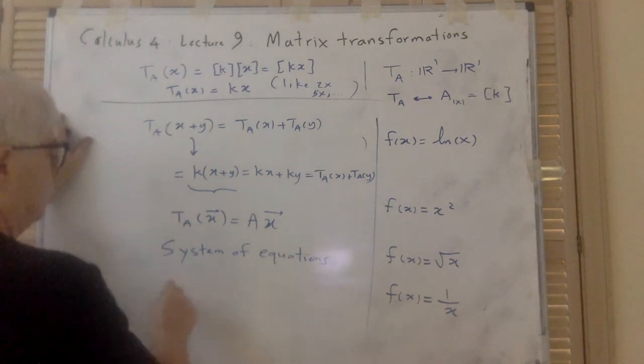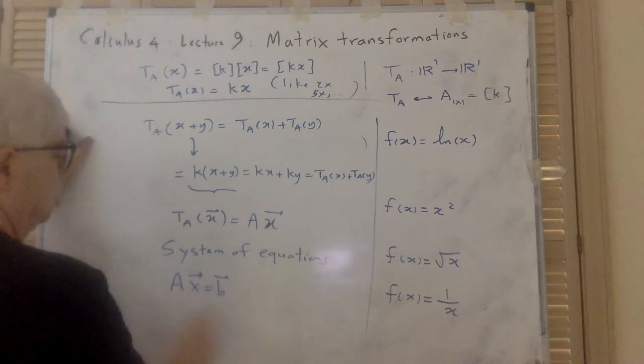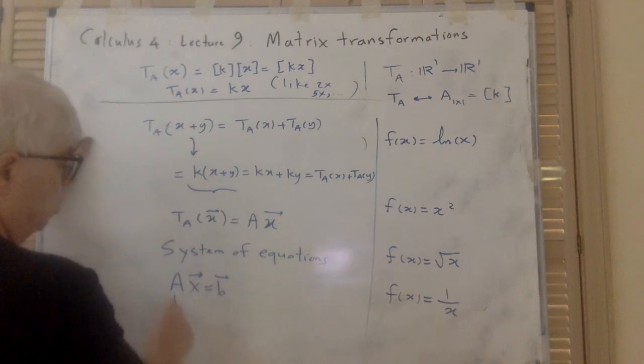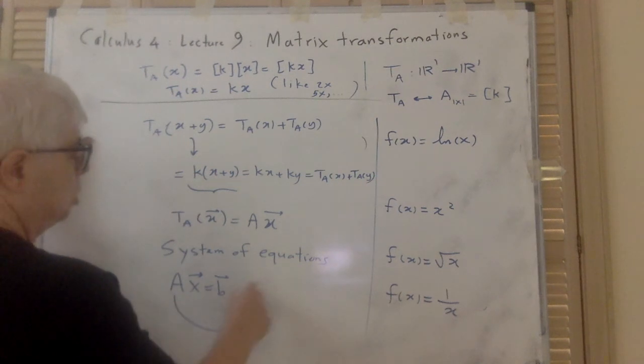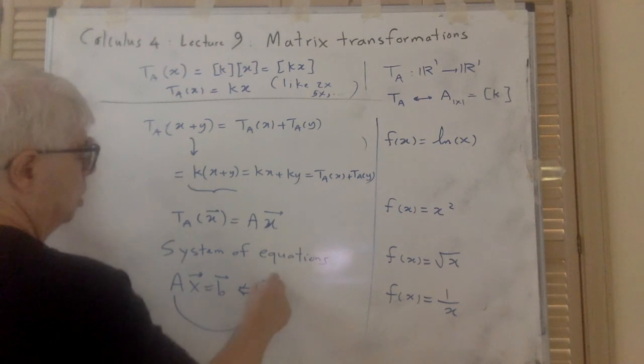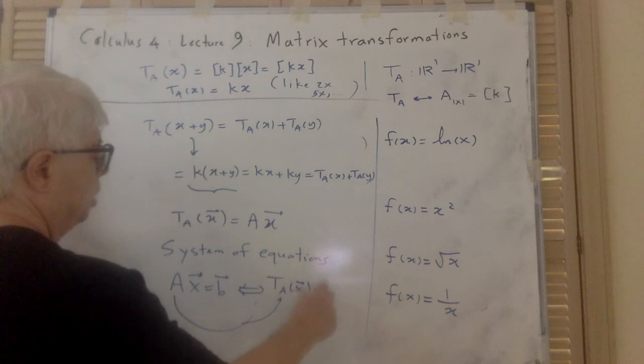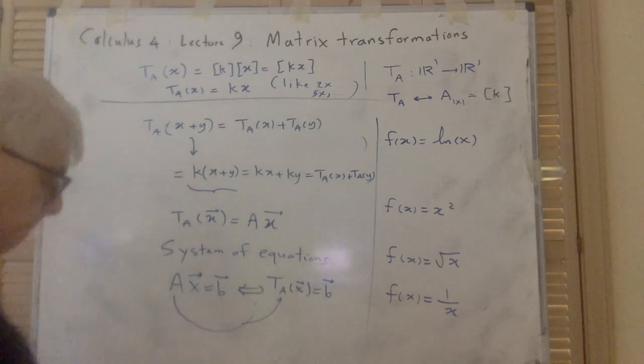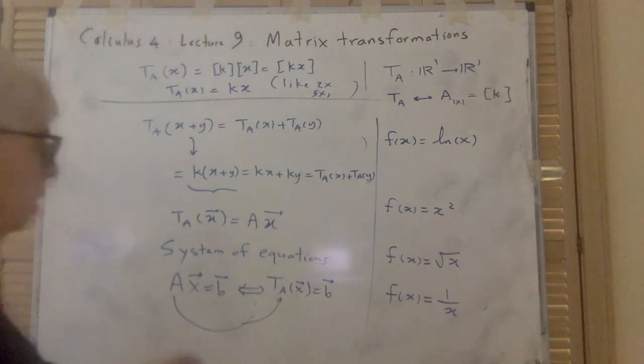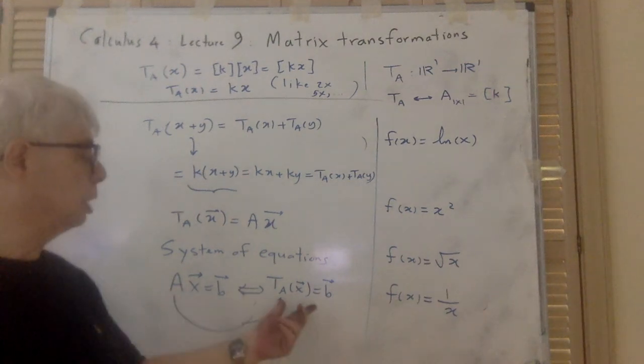A system of linear equations is something like this. If this A corresponds to a transformation, this is equivalent to this: TA x is B. So a system of equations is translated into this.